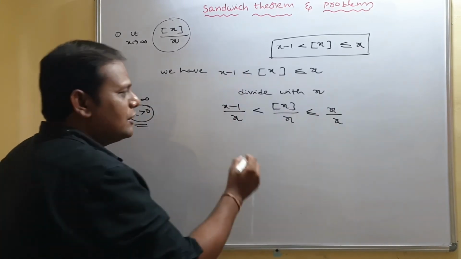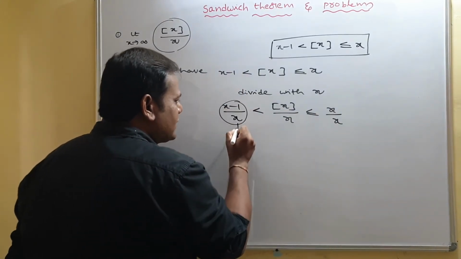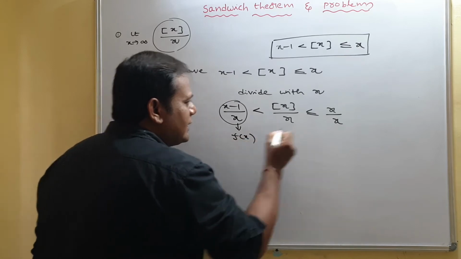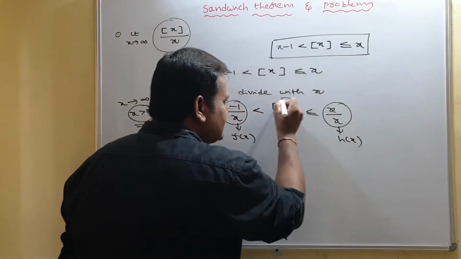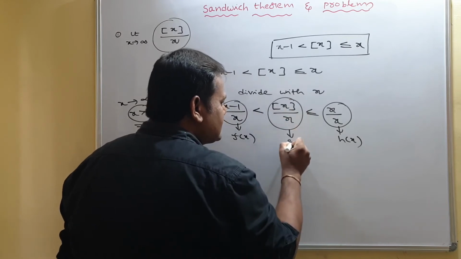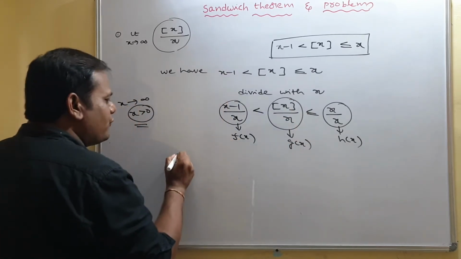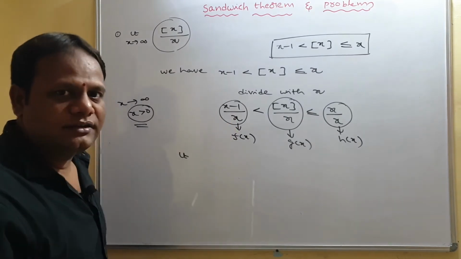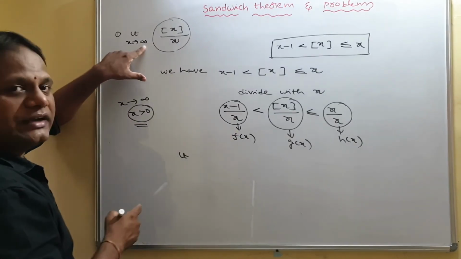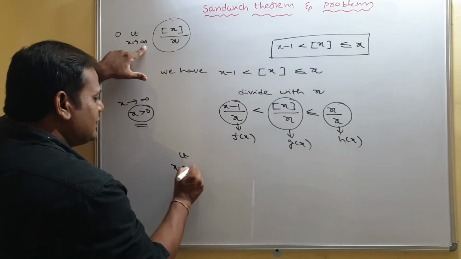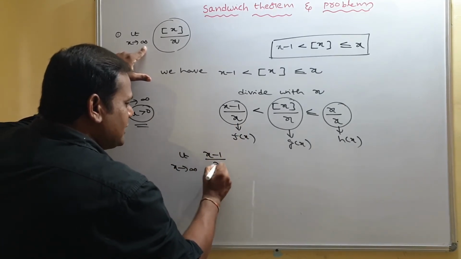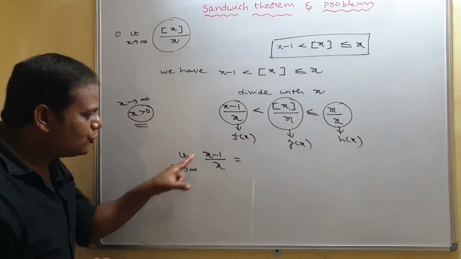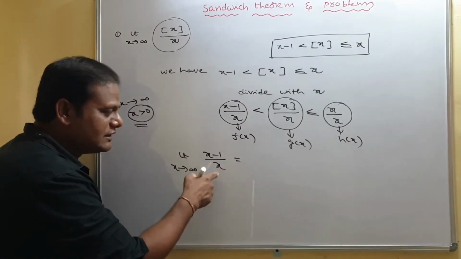Is it? Now you take this as function f of x and you take this as function h of x. And this is the function g of x. So first you find the limit for the function f of x at infinity. So limit x tends to infinity of f of x, what is it? x minus 1 by x. You know how to evaluate limit for this type of functions.